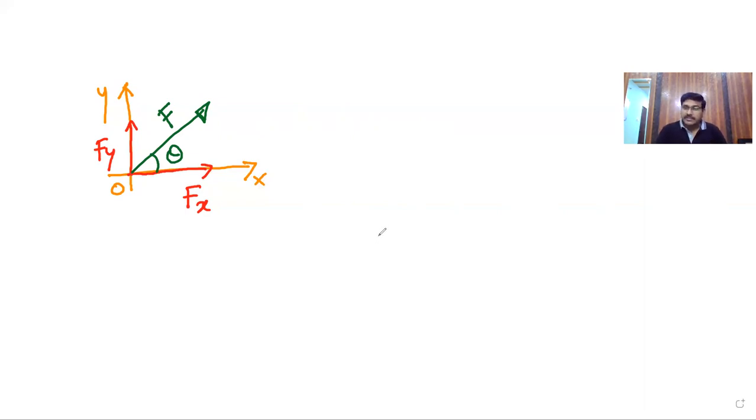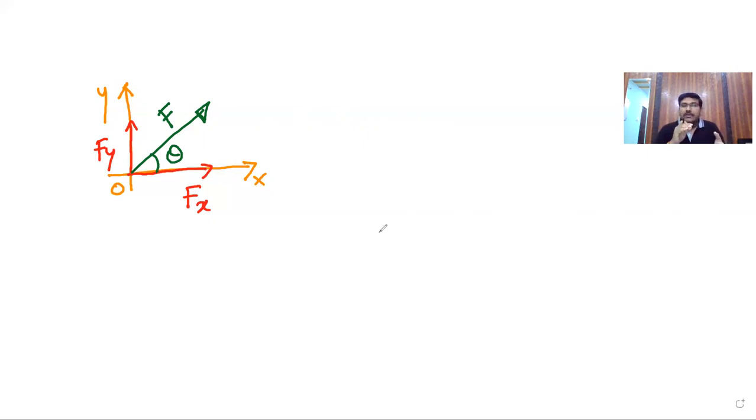A simple difference. In the earlier session we have seen that if a force is given, you can easily split that force along x direction as well as along y direction into the components. Now it is reverse.